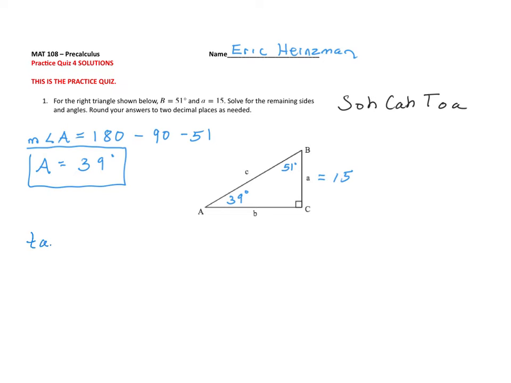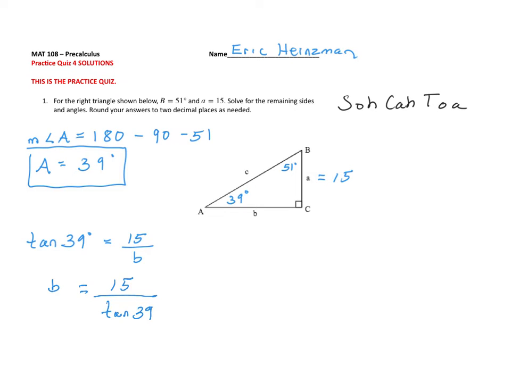So tangent of 39 degrees is the opposite over the adjacent, which we don't know. To solve for B, I can multiply B over here and divide tangent of 39 to the other side of this equation. This becomes B is equal to 15 divided by tangent of 39 degrees. I'm going to do this in my calculator.